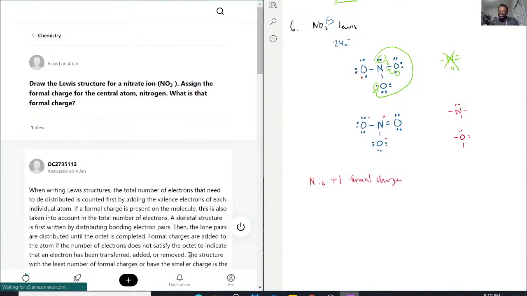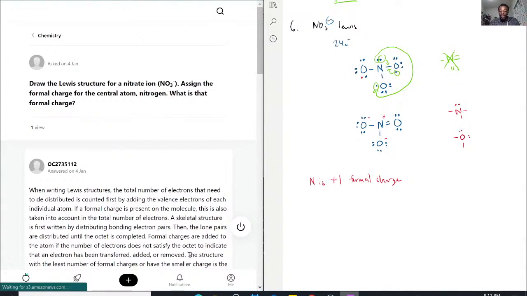Now, mind you, this does have resonance structures to where things do move around, but at the end of the day, most likely the nitrogen will remain that +1, because there's no way we can reorganize it to where nitrogen becomes neutral and it doesn't break the octet rule, because it needs to be able to form those bonds with the other oxygens on the extremities.